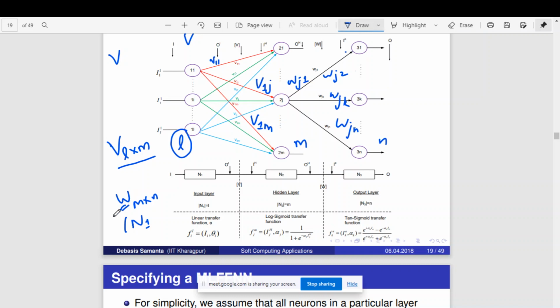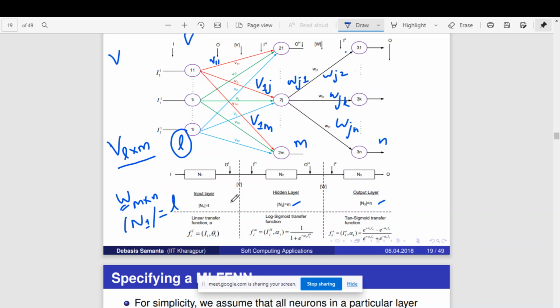This line and this line represent that the number of neurons in the first layer is L. The number of neurons in the second layer, or the hidden layer, is M. Here we have only three layers. The number of neurons in the third layer, which is the output layer, is N.